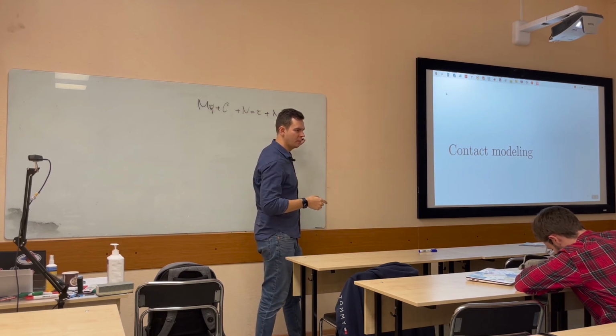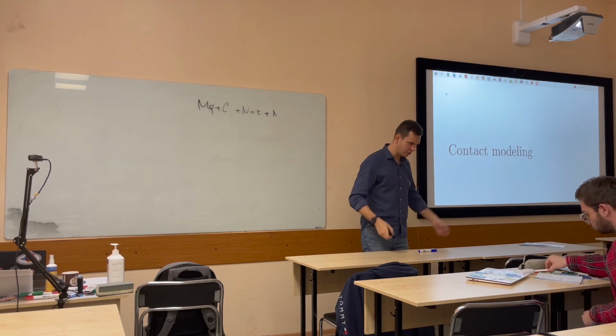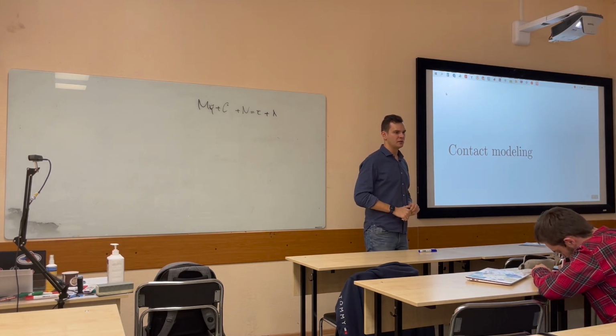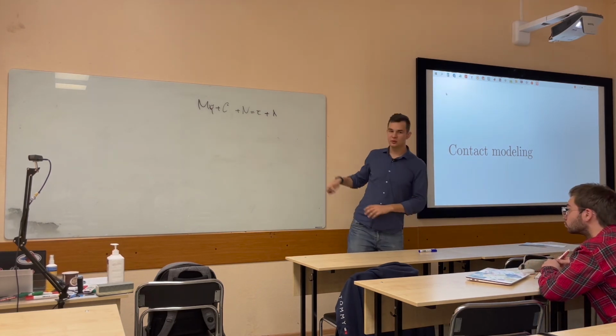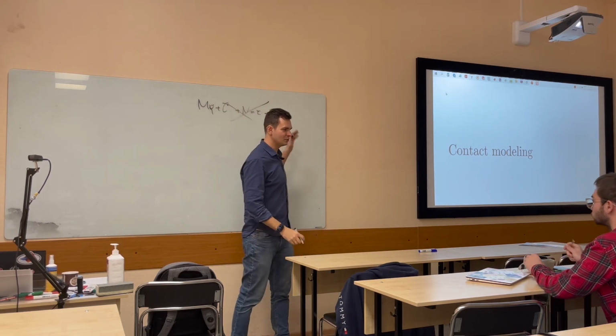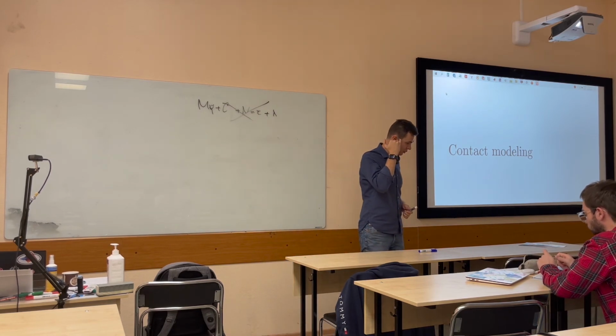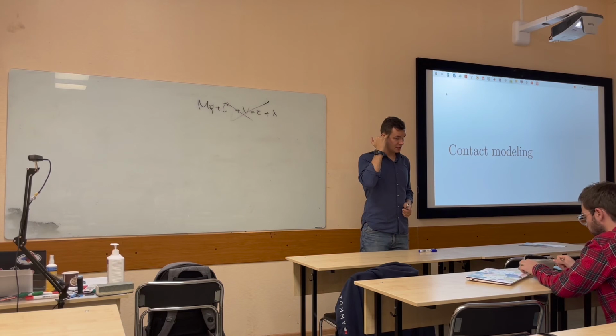But in order to come up with these Lagrangian multipliers, you need to derive all the dynamics, and it's pretty complicated, so we're not going to use it. For this one, you need to have the whole course. But what we're going to use is something which is called the penalty-based approach.